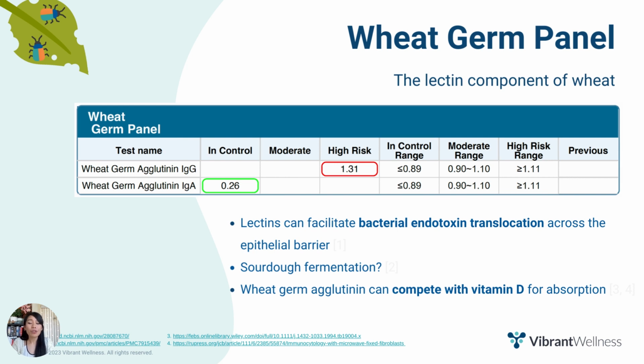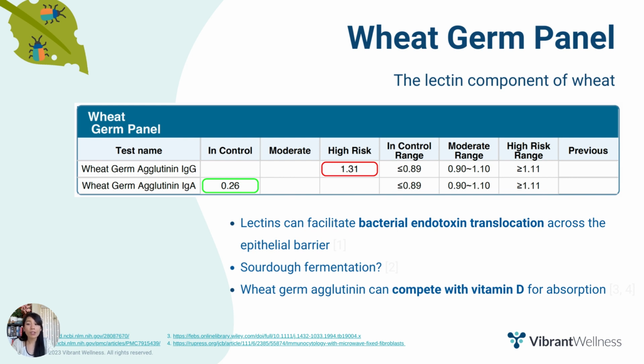Wheat germ agglutinin can trigger inflammation through immune cells and can breach the intestinal barrier, thus facilitating the translocation of bacterial endotoxins across this barrier. It's important to note that most lectins can resist heat and the effects of digestive enzymes. However, one interesting study suggested that sourdough fermentation may reduce the amount of wheat germ agglutinin, but more research needs to be done regarding this method.